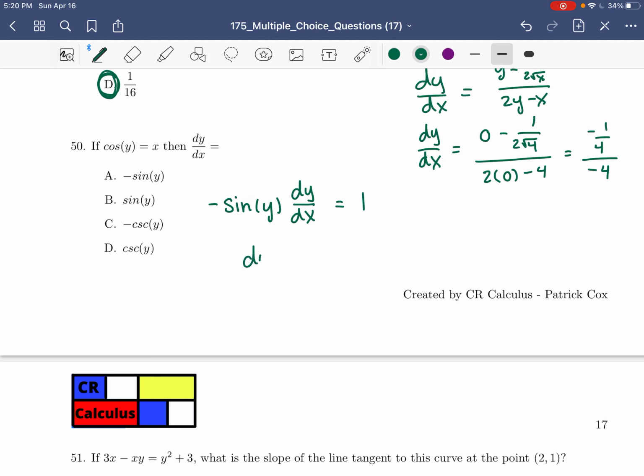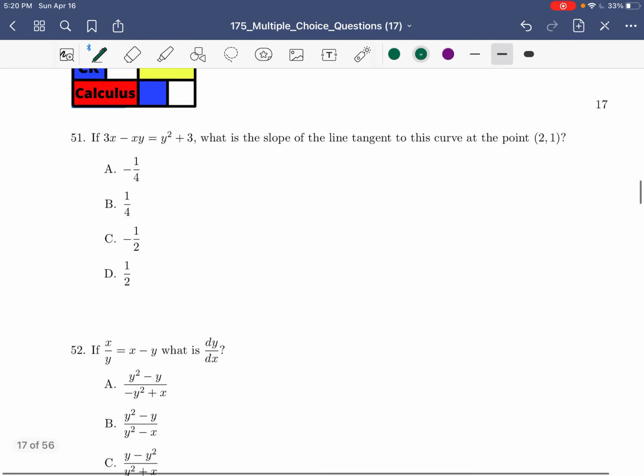And then I'll divide by negative sine y. So dy dx equals 1 over negative sine y. That's not an answer, obviously, but we know 1 over sine equals cosecant, so it's just going to be negative cosecant of y as our answer. So C.